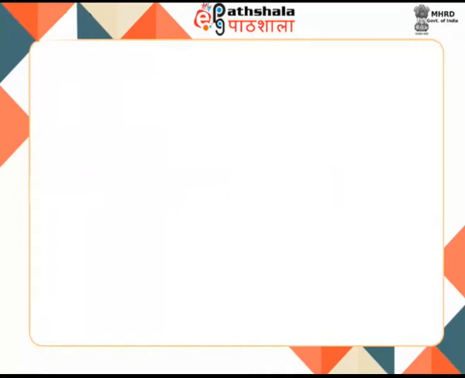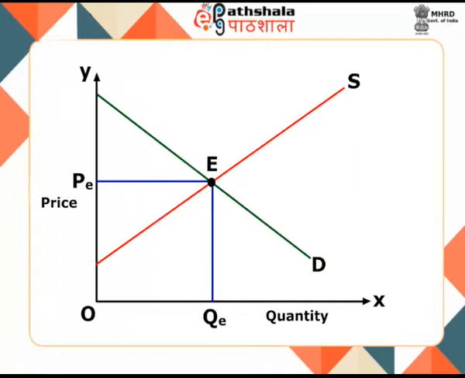Let's understand market equilibrium with the help of a diagram. On the x-axis, we are measuring quantity and on the y-axis, we are measuring price. Consumers attain equilibrium at every point on the demand curve D since it represents their planning curve and embodies their maximizing behavior.